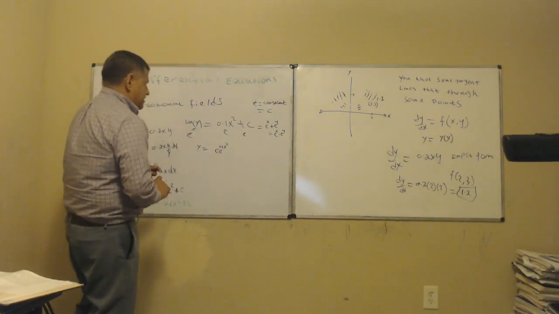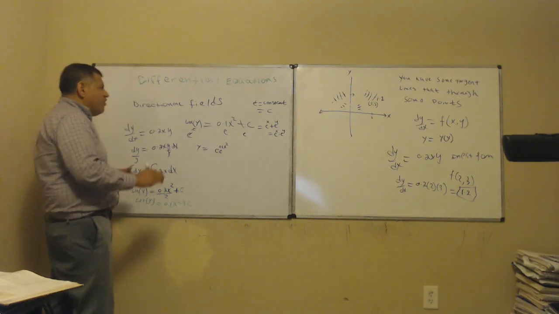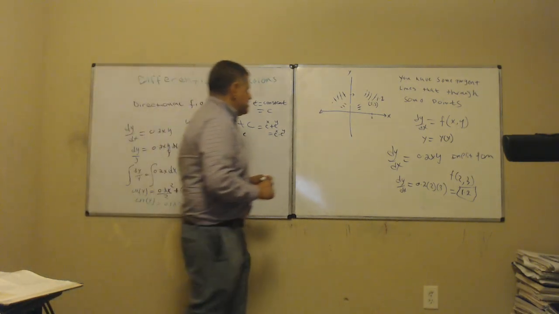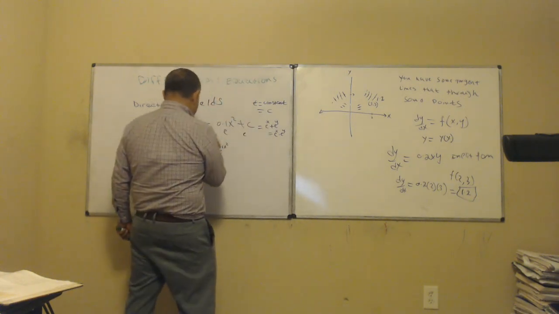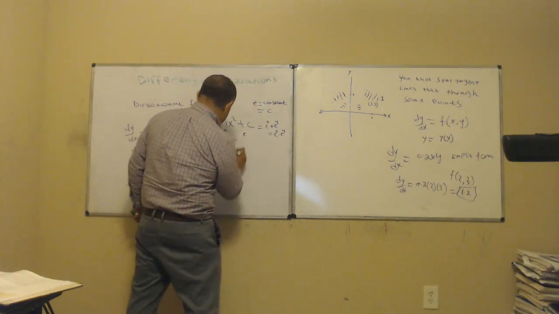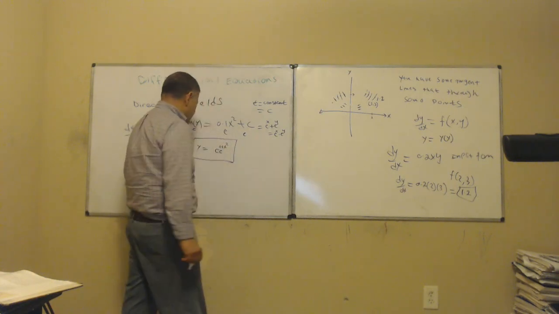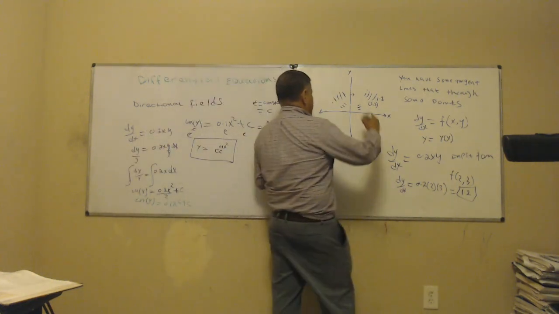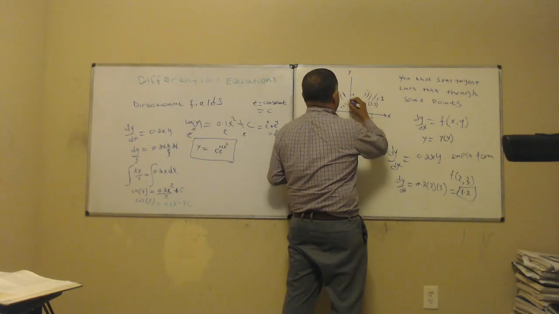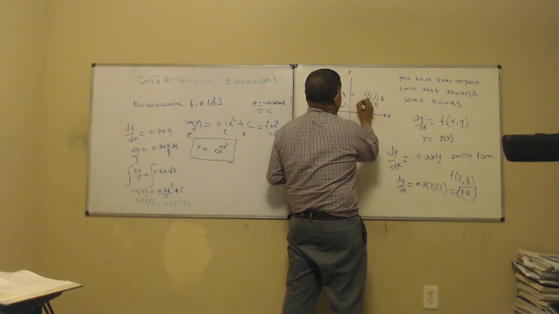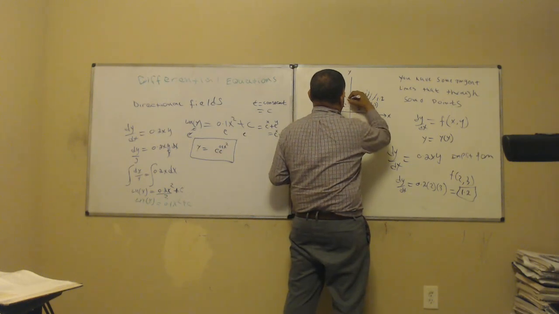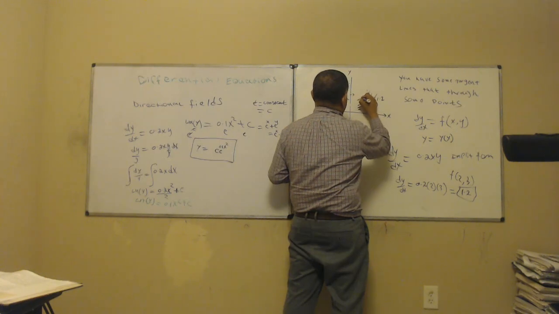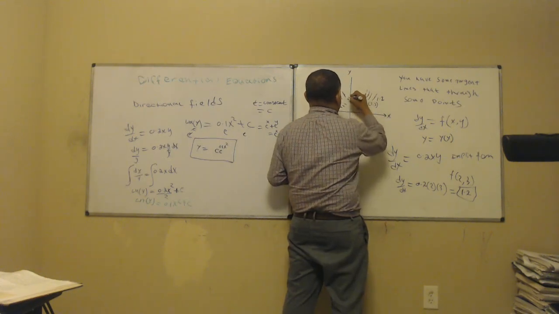Now, let's evaluate this. If this is the case, we have a function already with a solution. Now, let's figure out, for example, we have another directional field, maybe points like that.